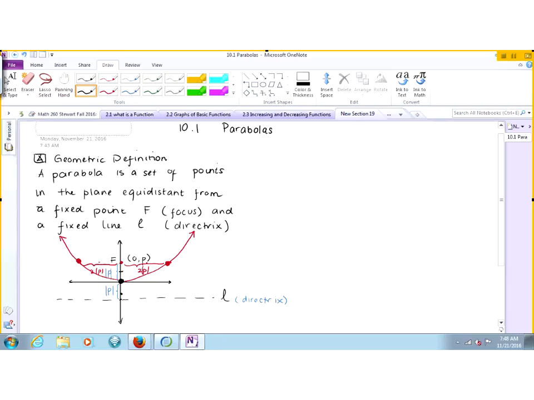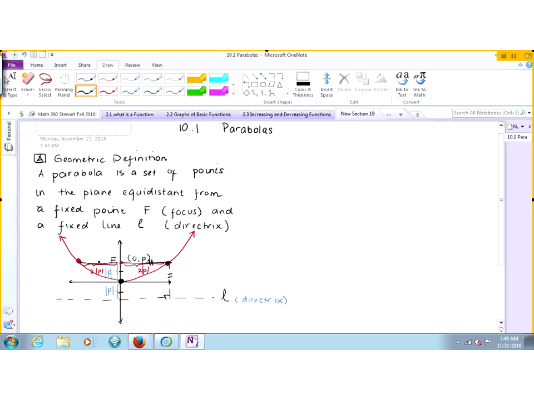Yes, this is the same distance, right? Now, what about this point right here? Is it the same distance from the focus and the line? Yes, they are the same, right?